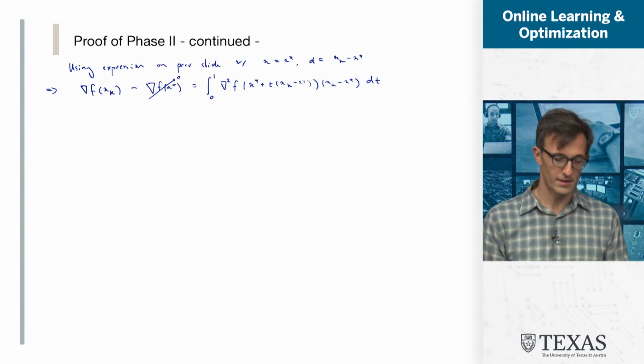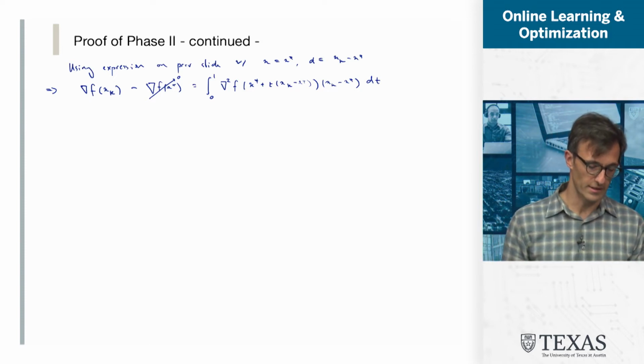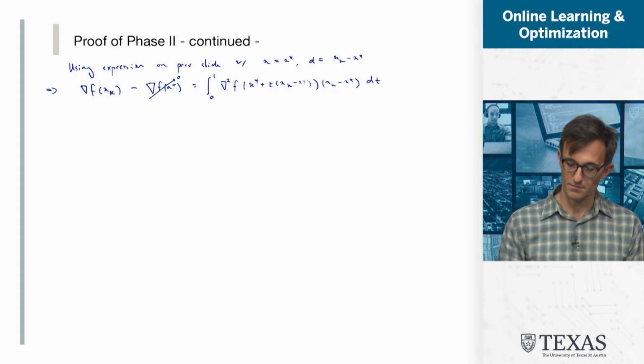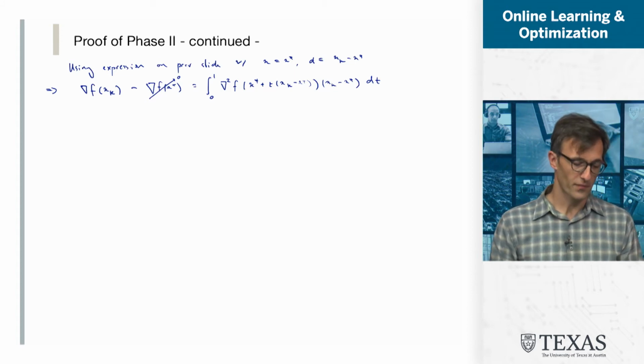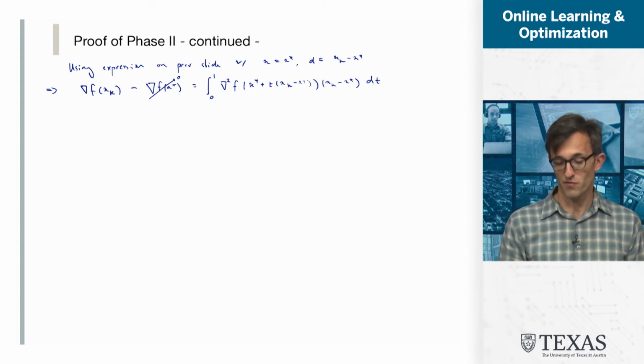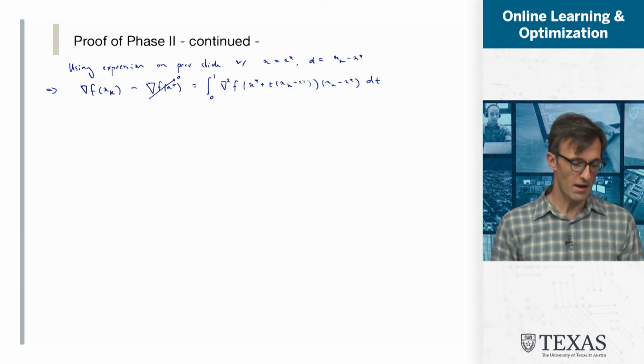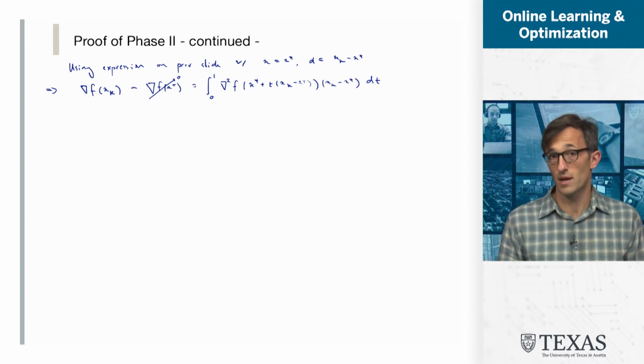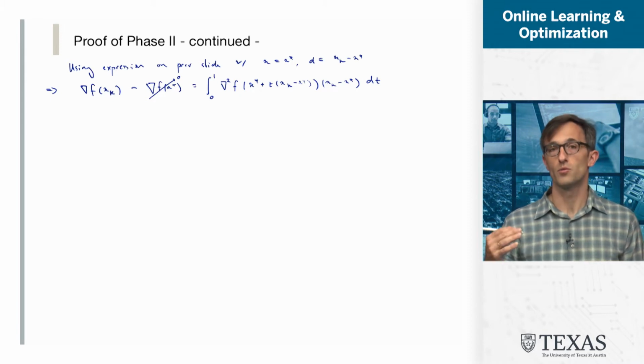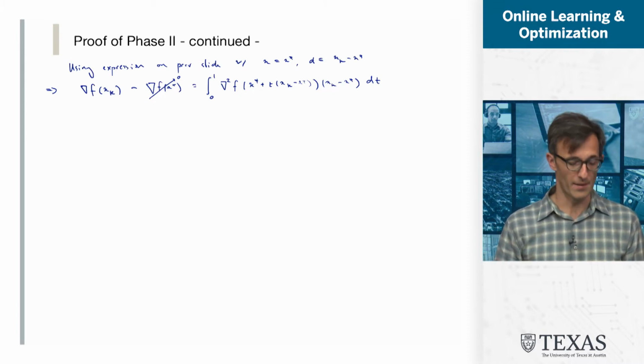So just trace back to make sure that you understand exactly where this came from. Okay, so now I have an expression for the gradient that looks like an integral of the Hessian. And now I'm going to write out what xk plus 1 is. We know what xk plus 1 is. It's a Newton step with eta equal to 1 because we're in phase 2, which is undamped.